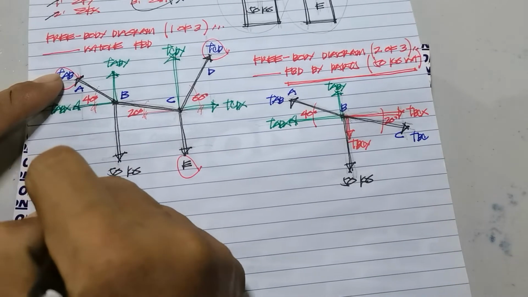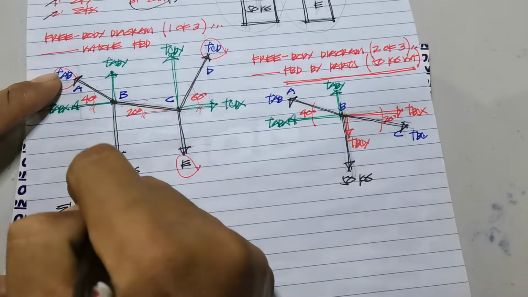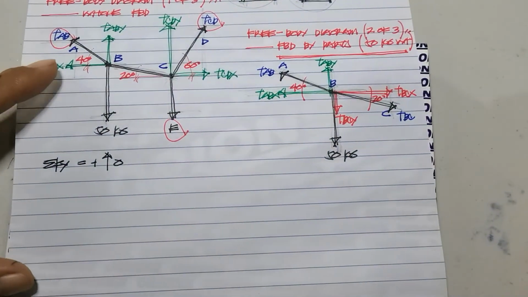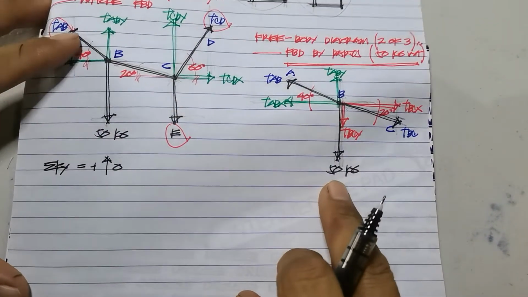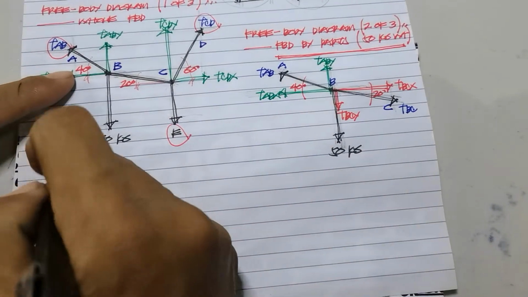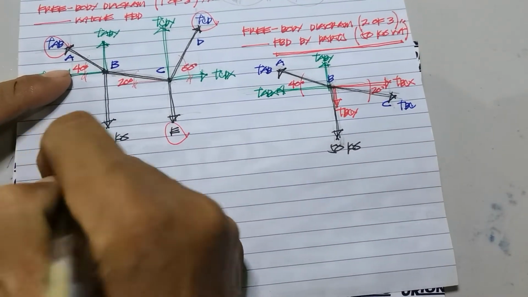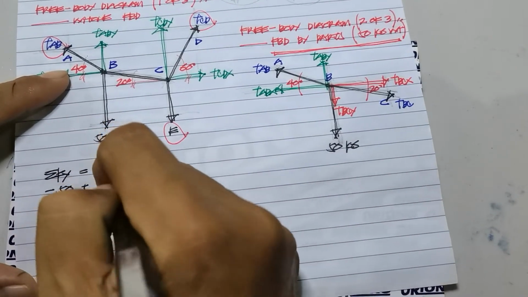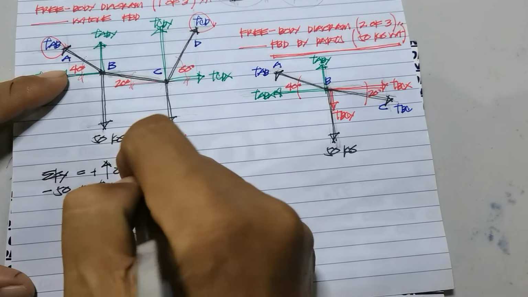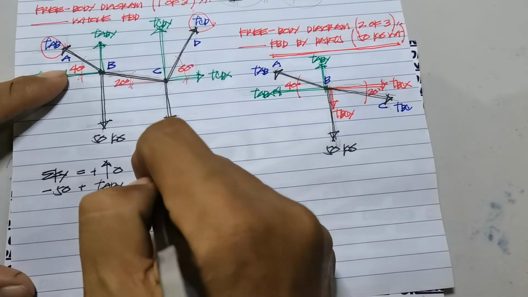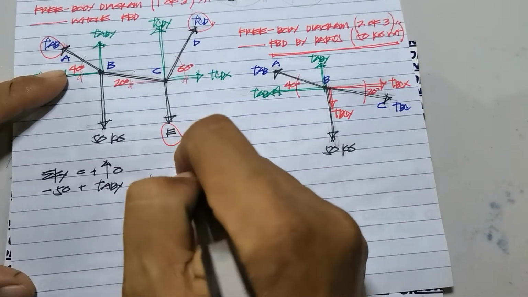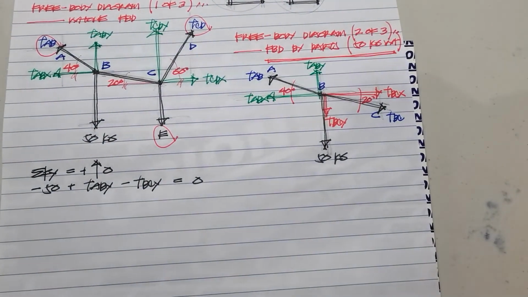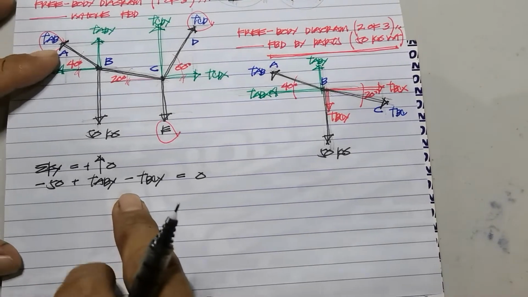Via the vertical equation, sigma F of Y, all forces going up are considered positive. We start with the one that has data or a given condition, which is 50. Again, weight is always going down. So, 50 plus TAB of Y minus TBC of Y is equivalent to 0. If nothing more can be simplified in our equation, we close it.